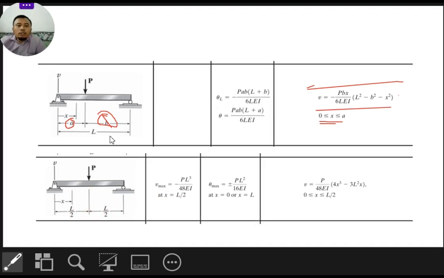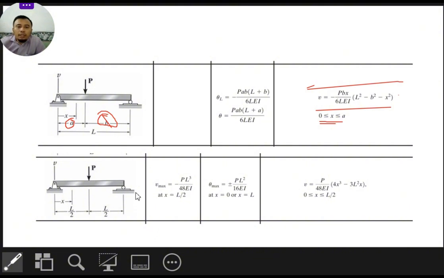So guys, just to explain a little bit about this table, which is found in the textbook of Hibbeler, Structural Analysis. As you can see, the first column on the left is your setup of load and support. So you need to choose which type of load and supports define your problem. And the second column is the maximum deflection.